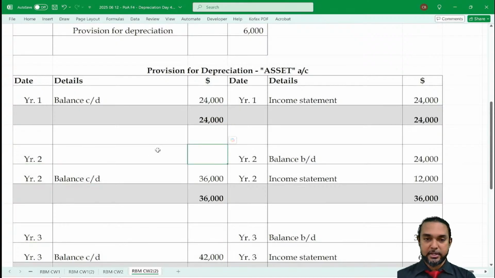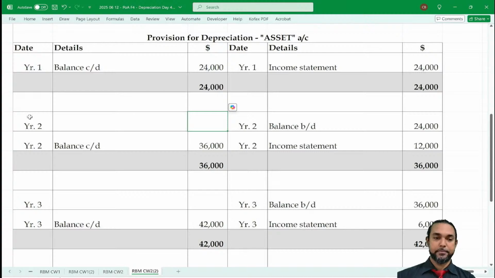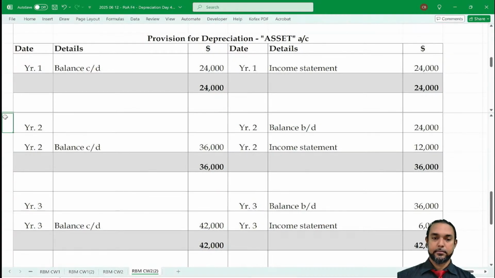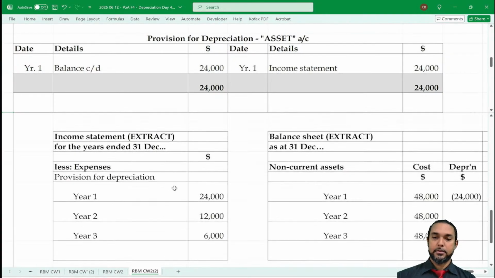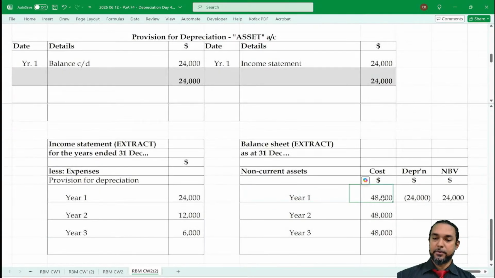So one second, let's put it on the screen. Right. So at the end of year one, they're going to have your 48,000 minus the 24. So 48,000 being the cost of the asset and 24,000 being the balance carried down here.